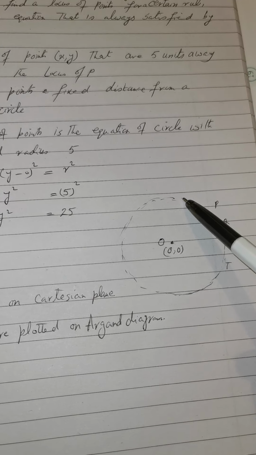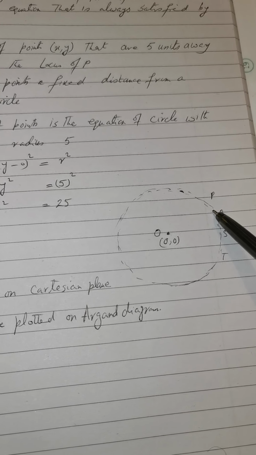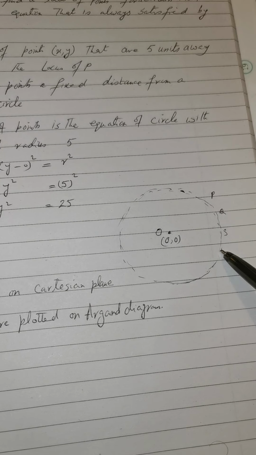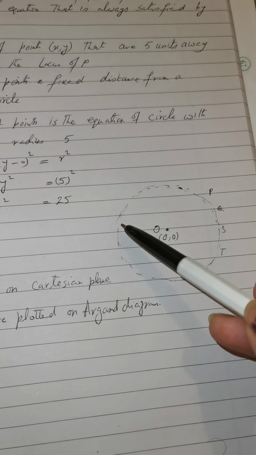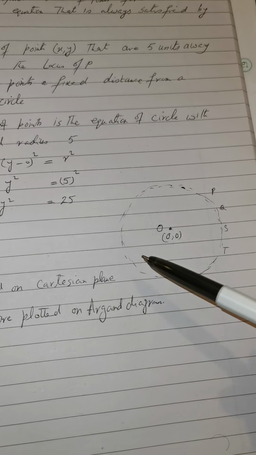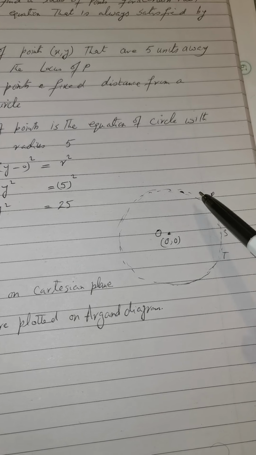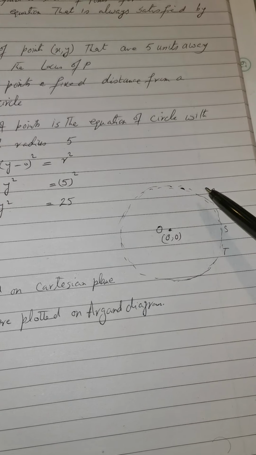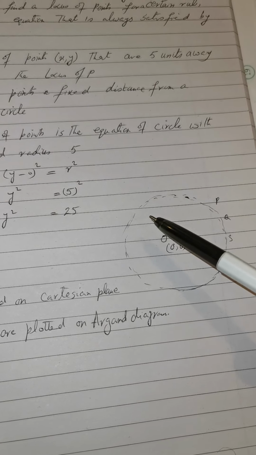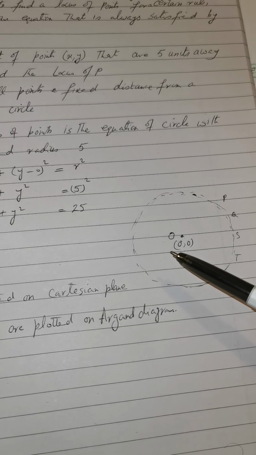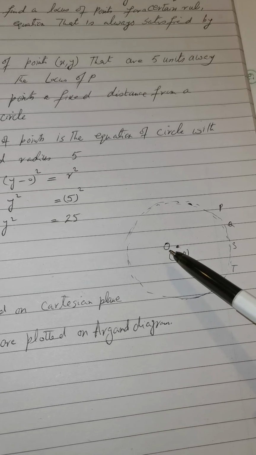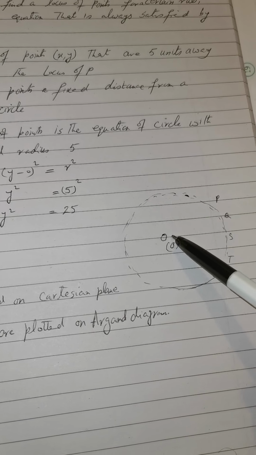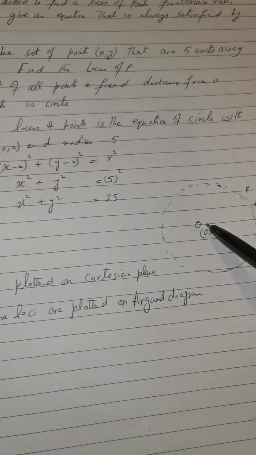This point is 5 units away, this point too, all the points are 5 units away from this center, and when you join all these points, you will get a circular shape, right? And this is the locus, the location of those points. So we will get a circle, and this is called the locus or loci, and all the points are equidistant, 5 units away from the center, right?